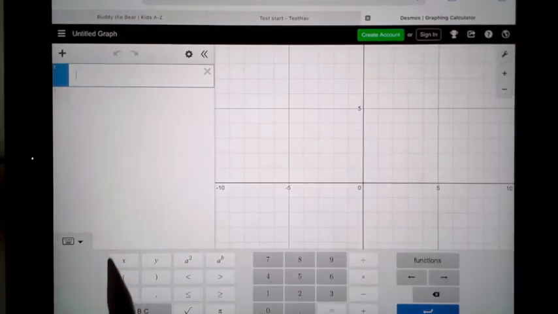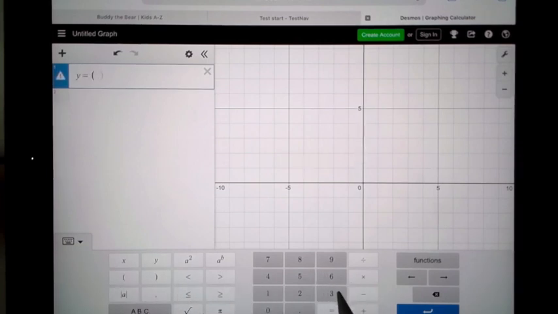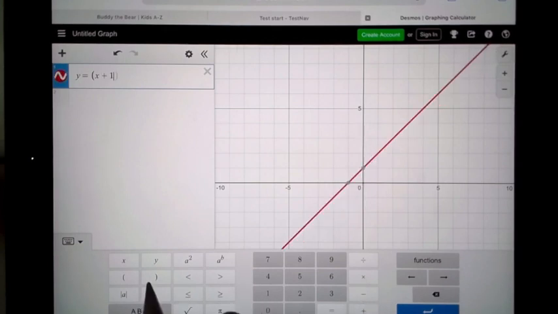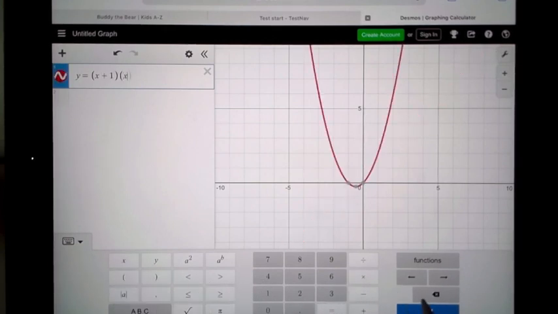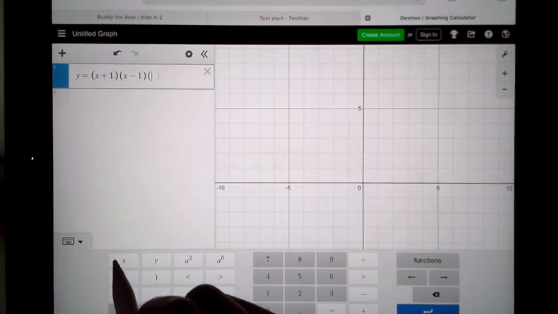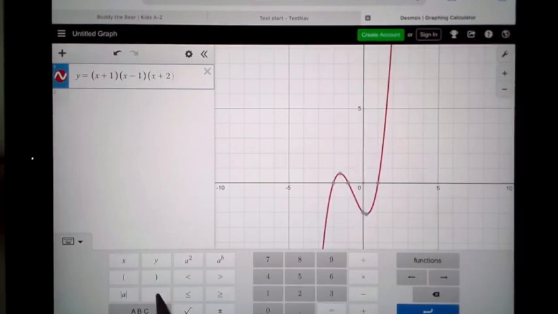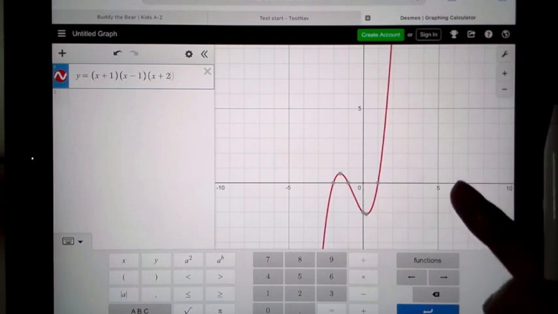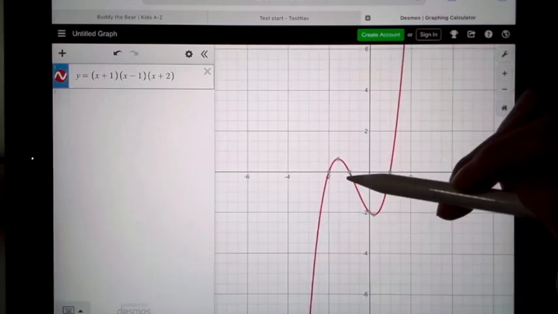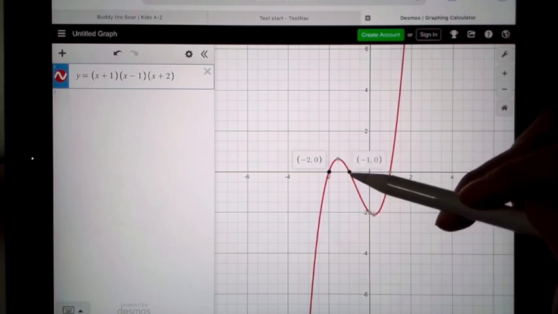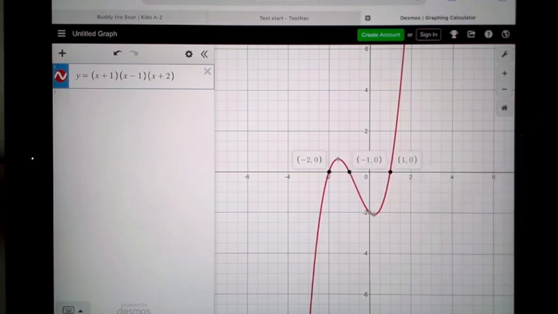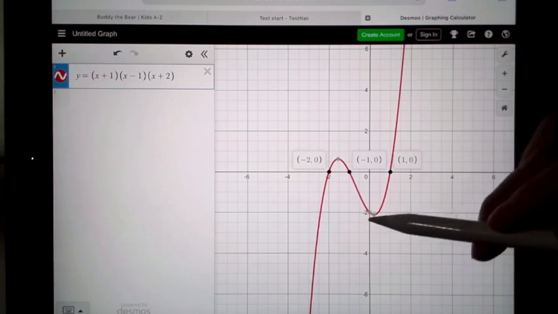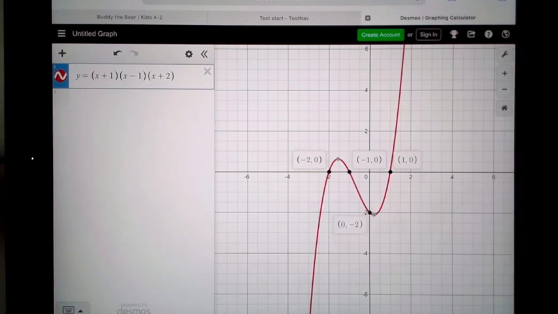The good thing about Desmos is, whatever function you put here, let me try, x plus 1, x minus 1, or x plus 2, whatever, you will get your x-intercepts as a point like that. So this is kind of easy to get the point, right? Or your y-intercept, that's kind of easier.